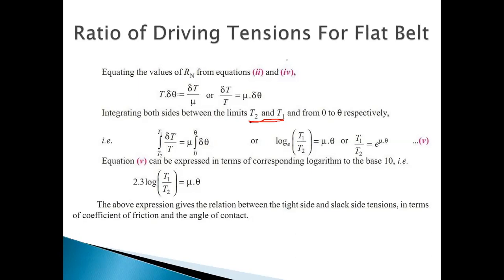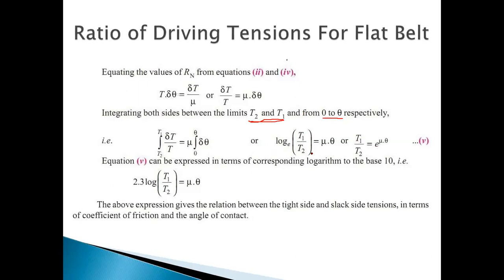So the tension generated is in between the slack side tension and the tight side tension, and the wrap angle varies from 0 to theta, so we integrate that. The integration result is log e T1 by T2 is equal to mu theta, or T1 by T2 is equal to e raised to mu theta.